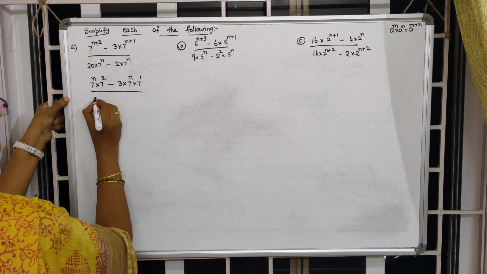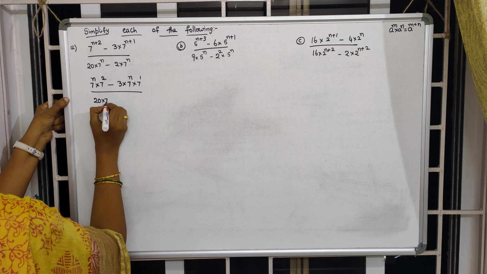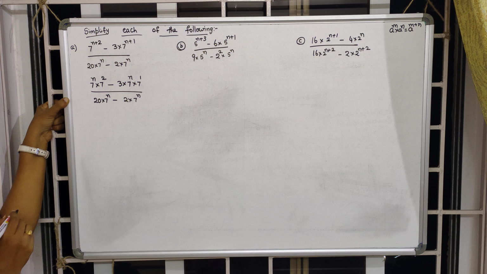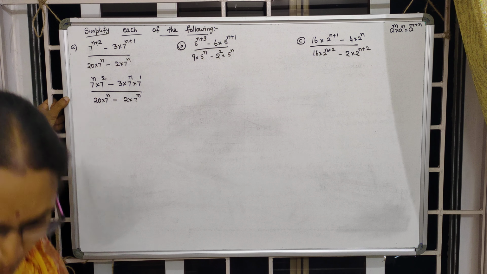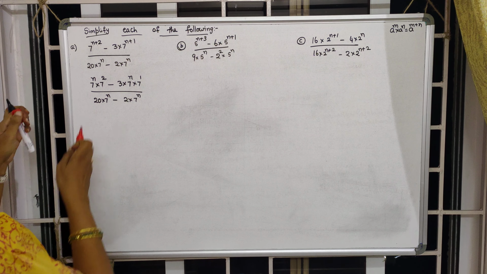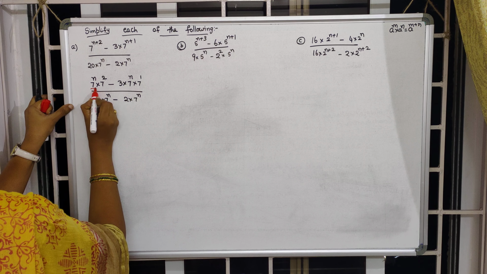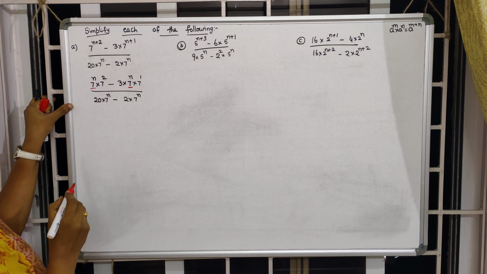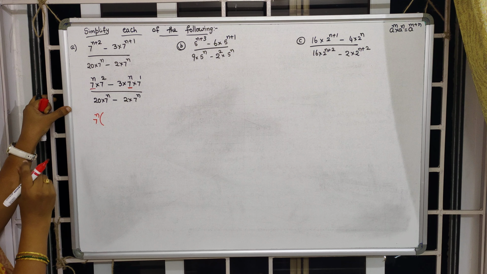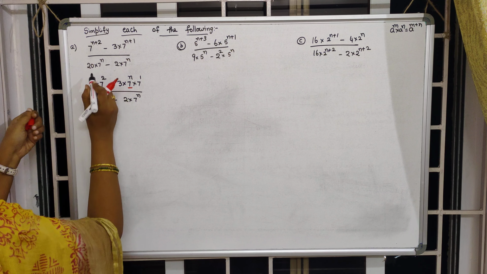Upon 20 times 7 to the power n minus 2 times 7 to the power n. Now what do I do? Now I will take out 7 to the power n, which is common over here, and also common here. What else is left if 7 to the power n came out?